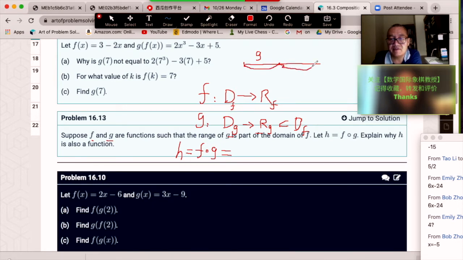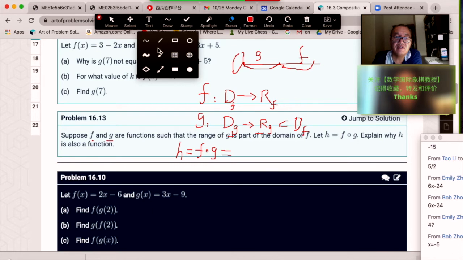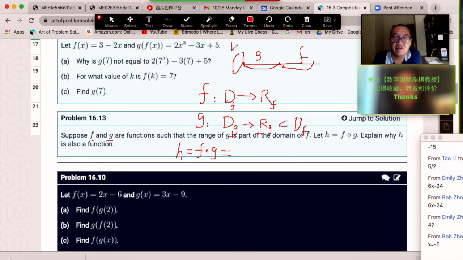Then f, that's from here to here. So this one is the domain of g, Dg. You can imagine this one is the domain of g. Then we get the range of g. The range of g belongs to the domain of f. Then from the domain of f, we get the range of f.